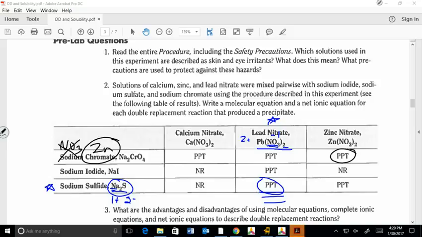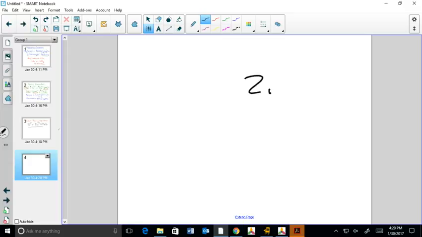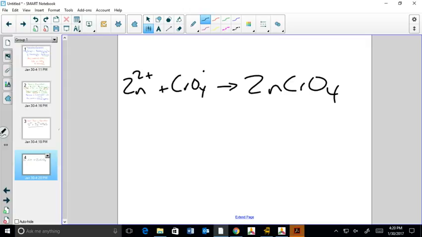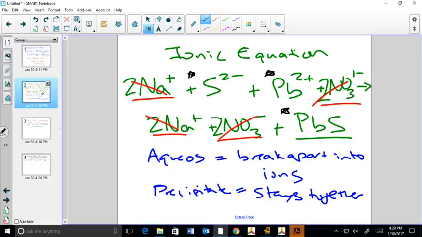So theoretically, if I know that zinc chromate, ZnCrO4, is my insoluble product that I produce, well, what are the ions that make that up? Well, it's zinc as a 2 plus and CrO4, a 2 minus. So this would be my net ionic equation.